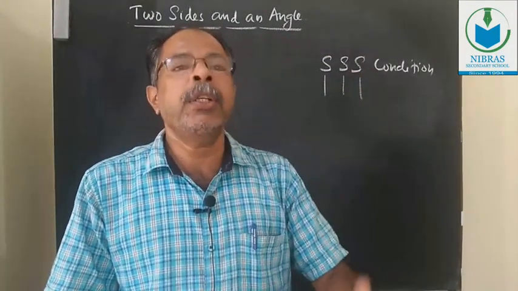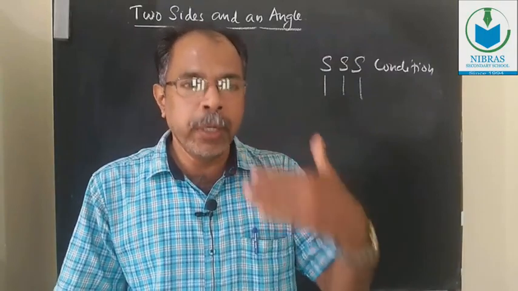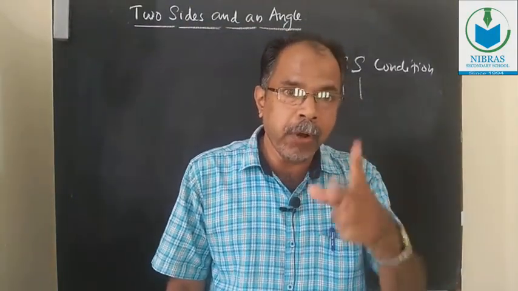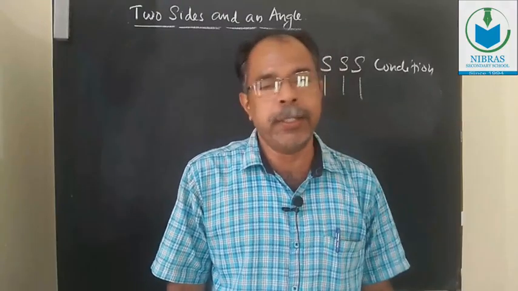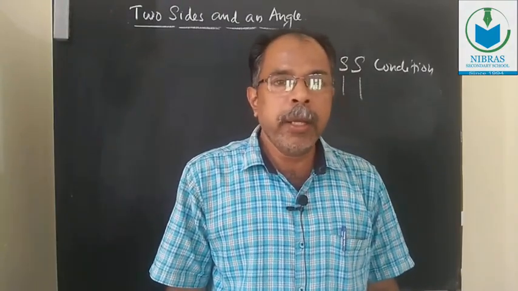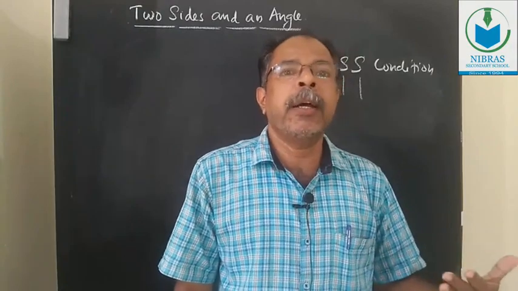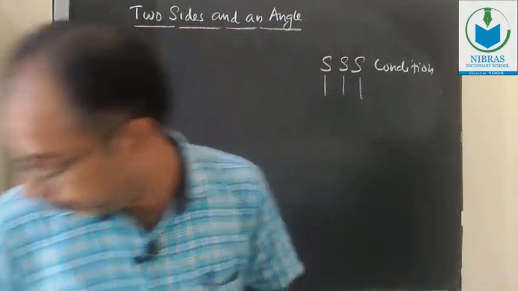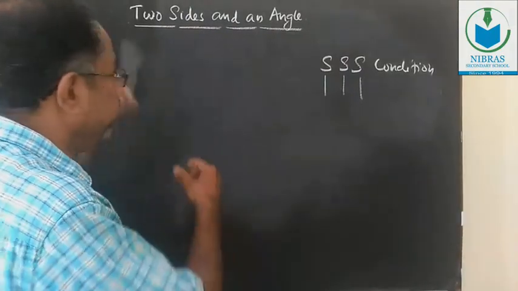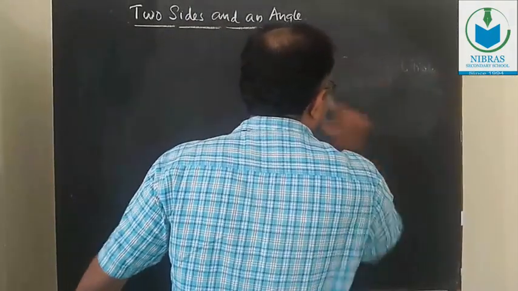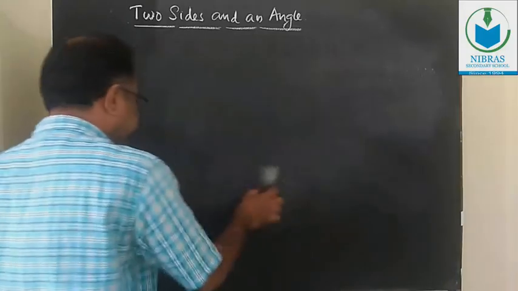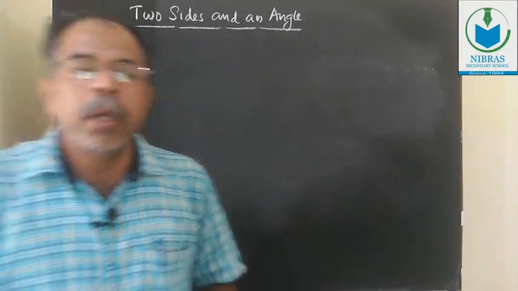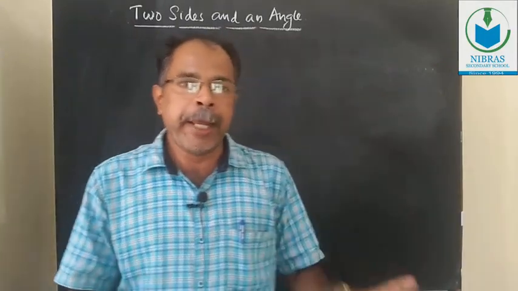In today's class, we are going to learn the second condition for the equality of two triangles. Okay, let us see the condition in detail. Suppose we have to draw a triangle.